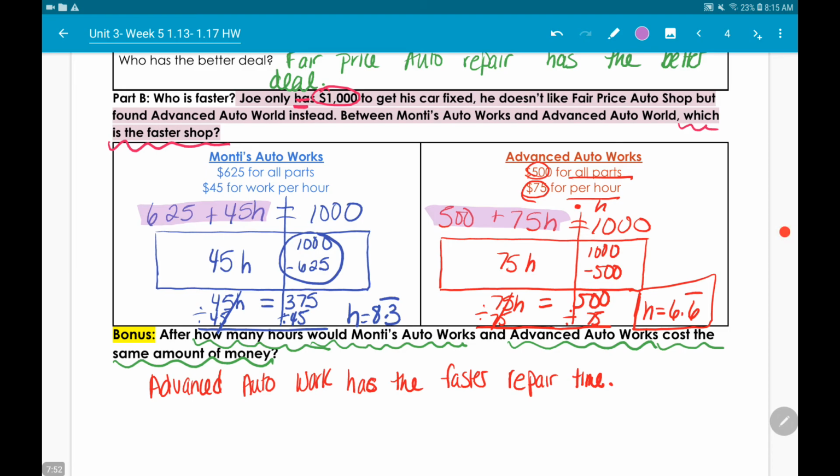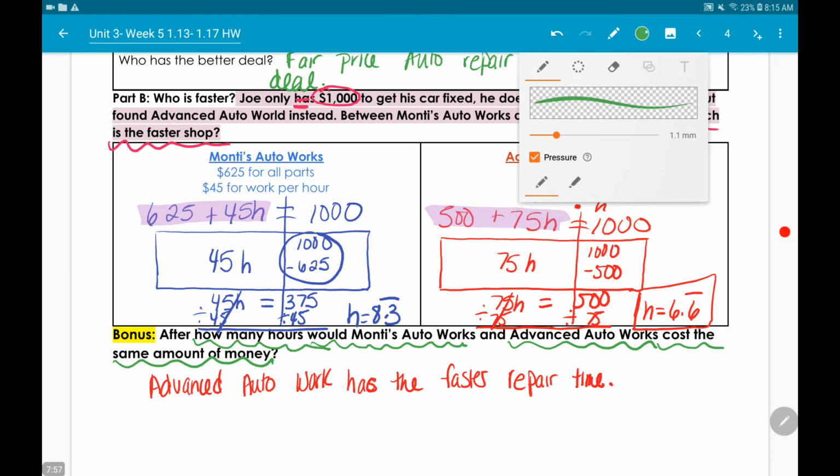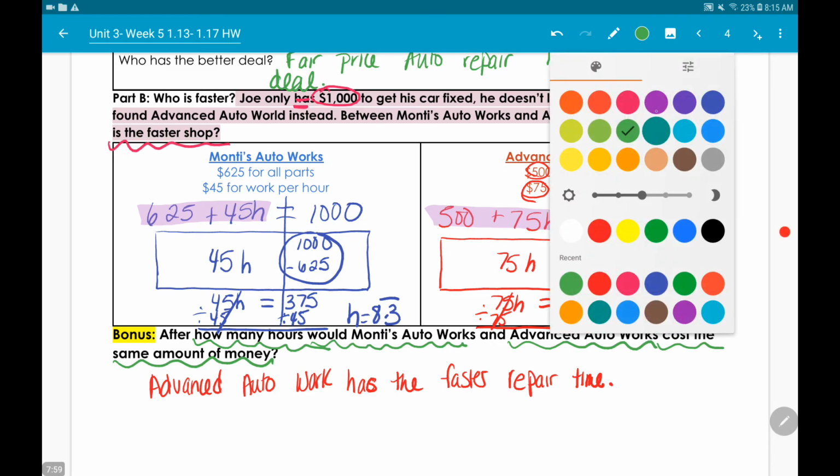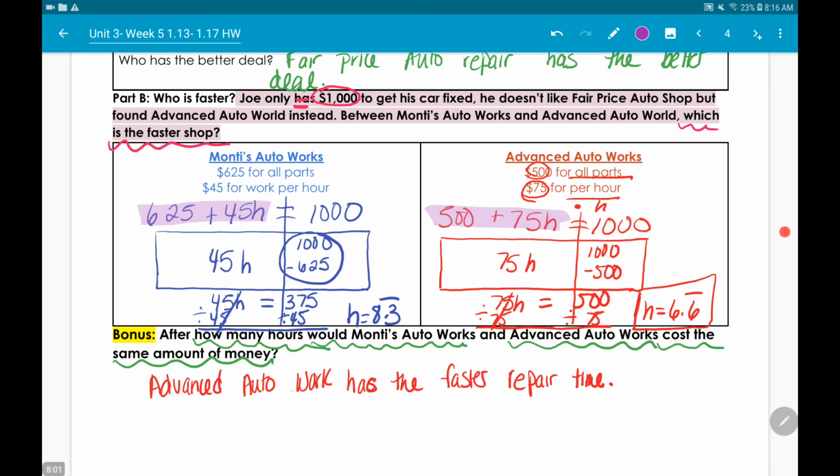Now, we could plug and chug a bunch of different numbers and try to figure it out, but that would take a while. The quicker way would be to take them and set them equal to each other, because we want to know when Monty is equal to Advanced Auto Works. I'm just going to call this Advanced Auto Works. All right.